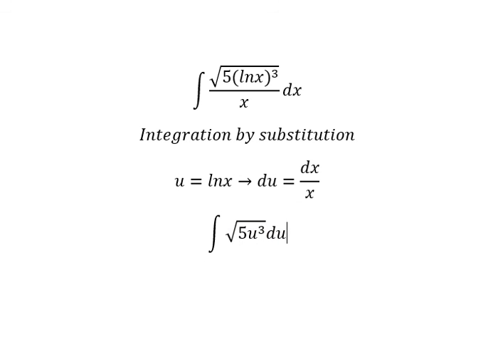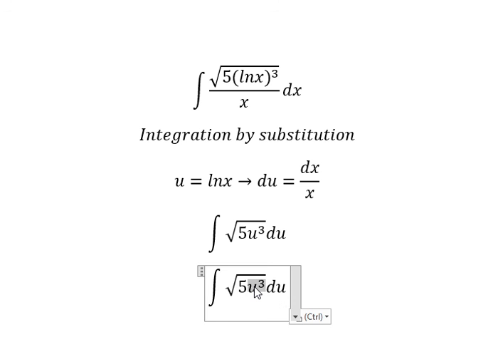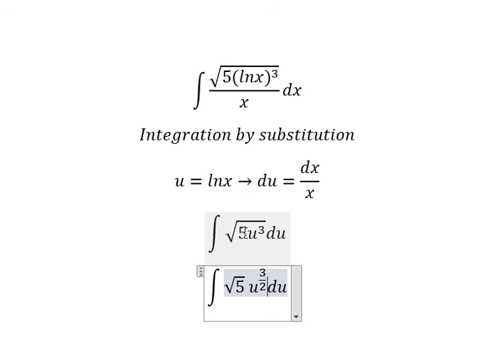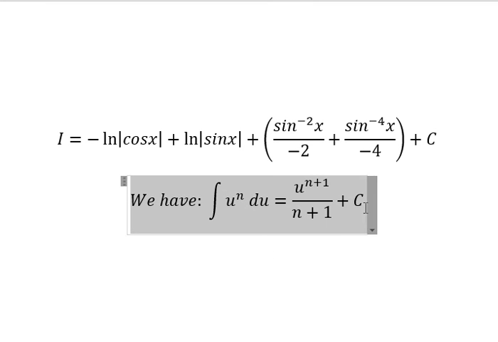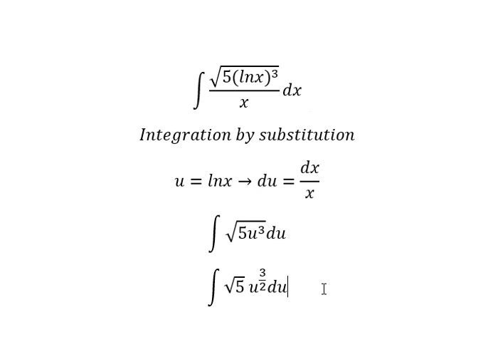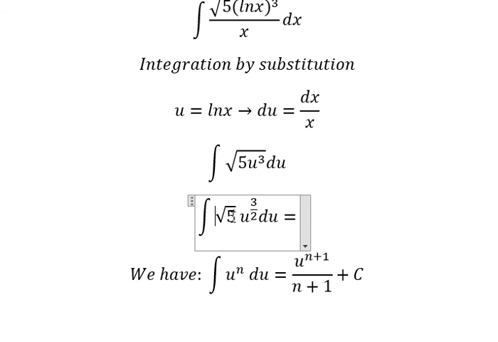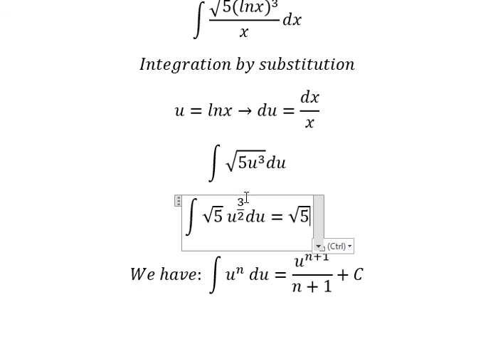Now we have the square root. We can put like this. The square root, that is about 1 over 2. And now we use the formula in here. So we put 3 over 2 here.